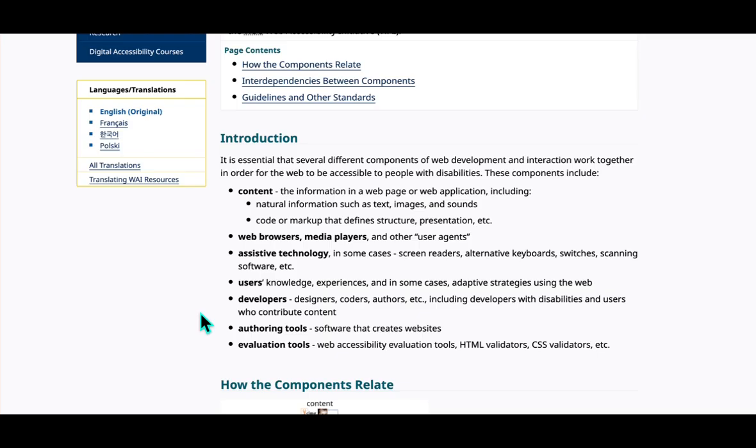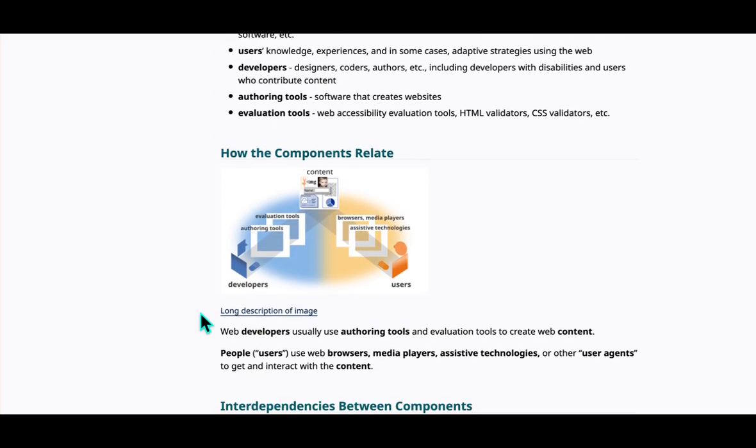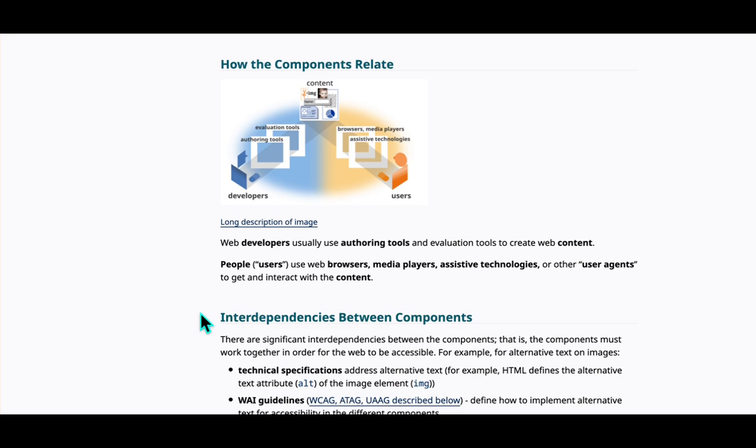And just going through in this introduction the different components mentioned here: content, web browsers, media players or user agents, assistive technology, users, developers, authoring tools, evaluation tools. Reading further, how the components relate.